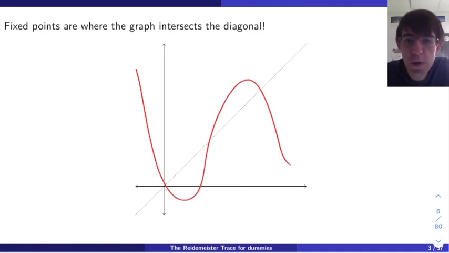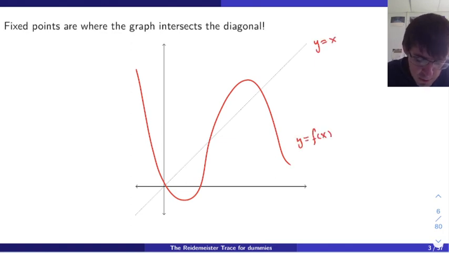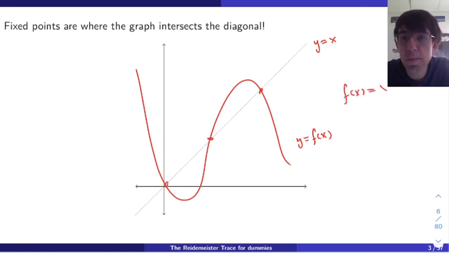That's a typical function that we would look at, and the fixed points are where the graph intersects the diagonal, because this diagonal line is y equals x, and this is whatever my function is, and the intersection points would be when those two things are equal, which is to say f of x equals x, right? This is the basic way that we're going to be looking at the fixed points throughout what I'm saying.